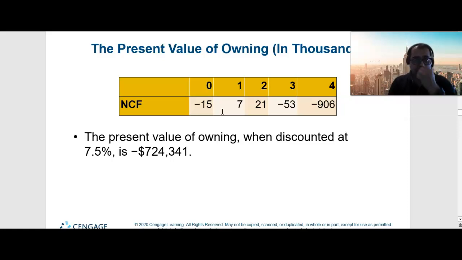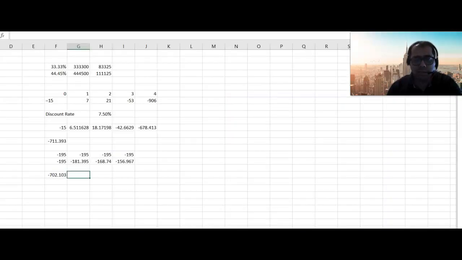Now, when I calculated the present value of these cash flows, I'm getting a different number, and I'm pretty sure that the textbook or the slides are probably slightly wrong. So if you try and do this exercise on your own, you should get negative $711,093, right?